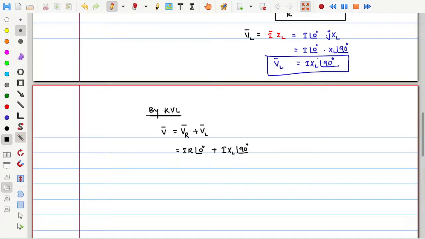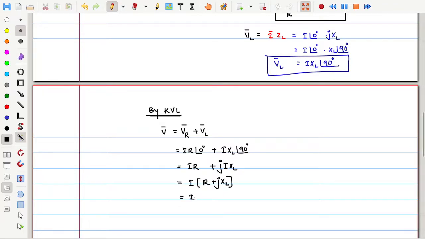I'll write this as IR plus J0, which means IR simply, and this as IXL into J, because an angle of 90 degrees is equivalent to J. I can take the current magnitude common, which gives R plus JXL.